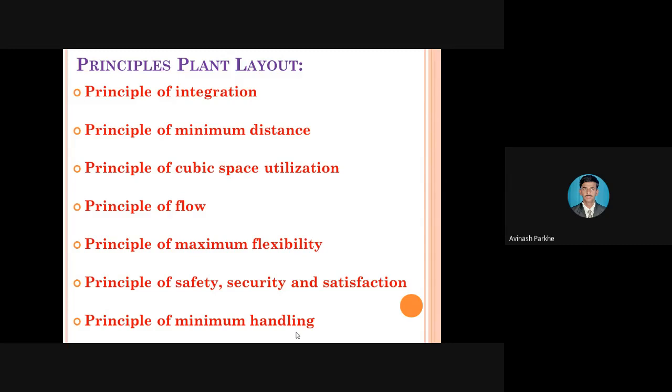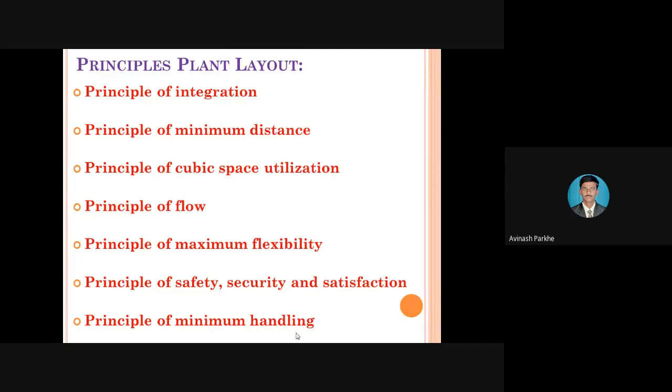But sometimes some medium duty and heavy duty components are there, and heavy duty components will not be handled by the operator. For that purpose, material handling equipment is used, maybe some trolleys, tractors, trucks, or cranes. Such material handling devices we have to use for handling such medium duty and heavy duty components.